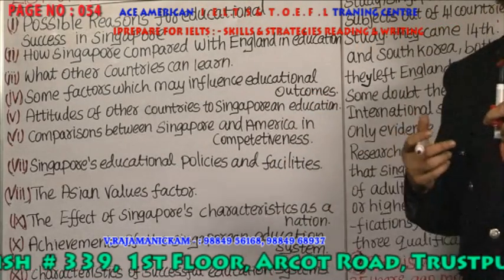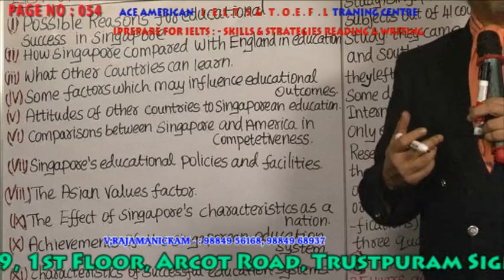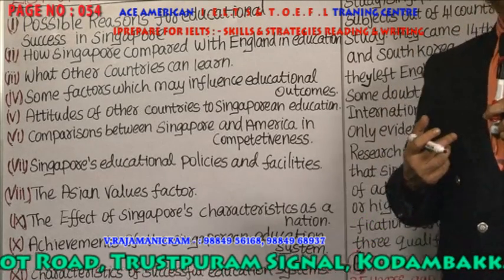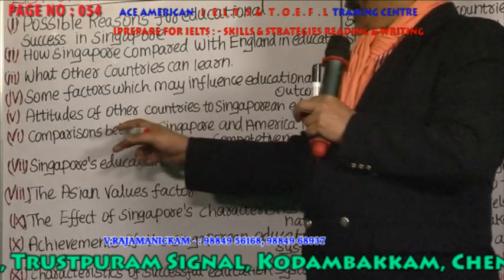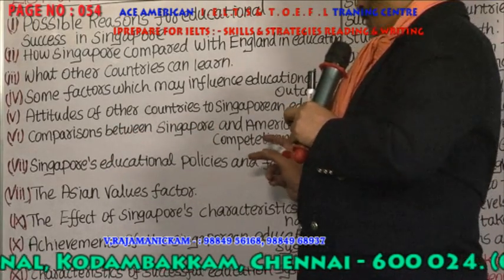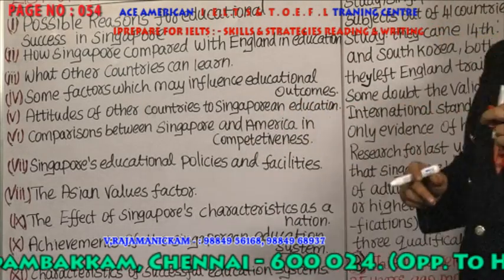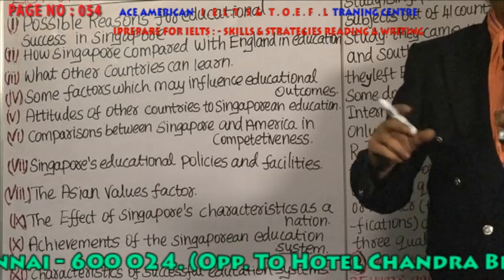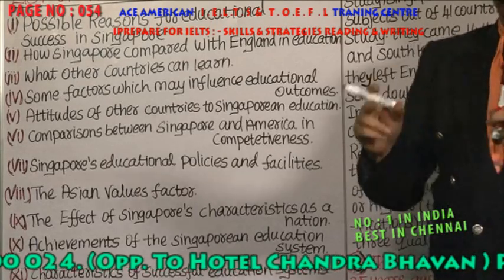Attitude means what people of other countries think about the Singapore educational system. Then comparison between Singapore and America in competitiveness. So the 6th heading is the educational competitiveness of America and Singapore.